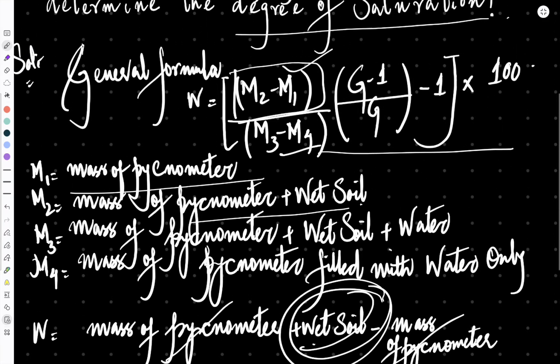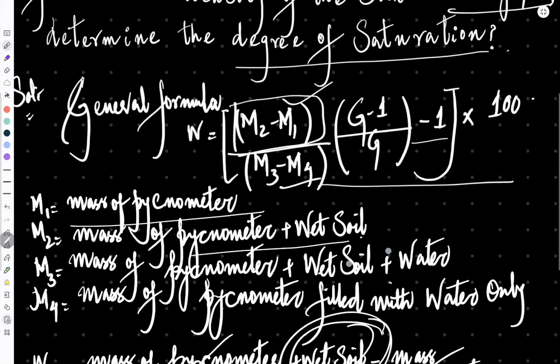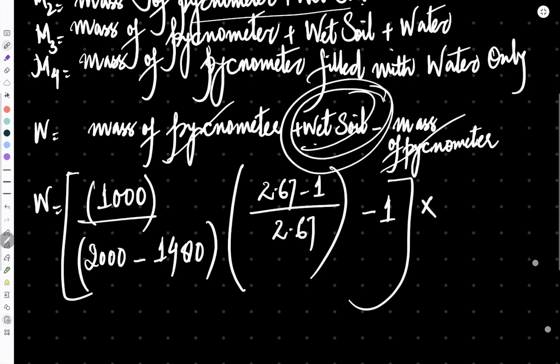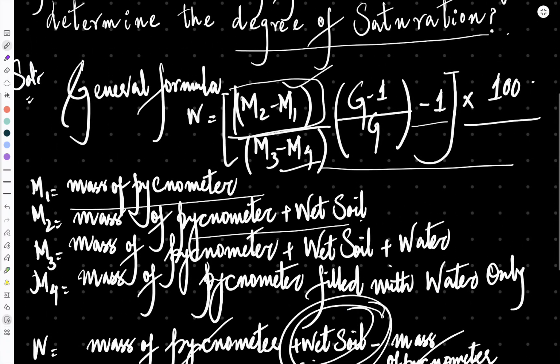Then in the generalized equation, minus 1, multiplied by 100. All right. So I used all the complete data as was given in the question, and I substituted the values in the general formula as formulated for determining the water content by the pycnometer method of any given soil sample.